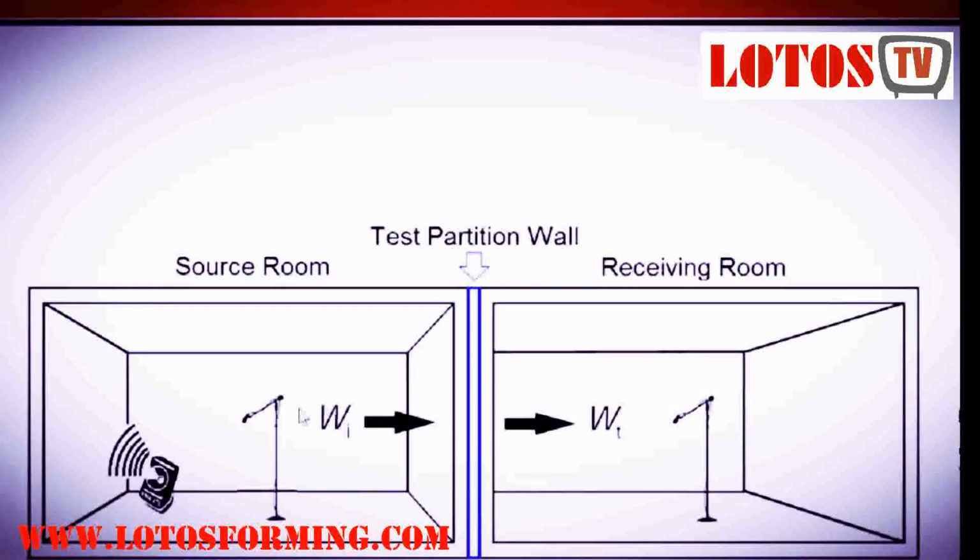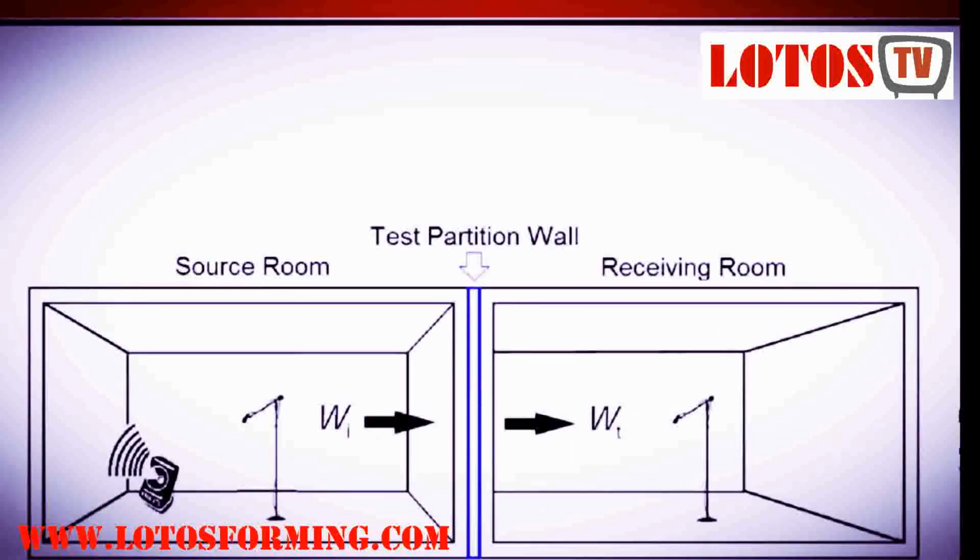The sound pressure generated from the sound source here will travel through the separating wall, where we have the studs and the boards in the system placed in position here, and then go through the system to the receiving room.